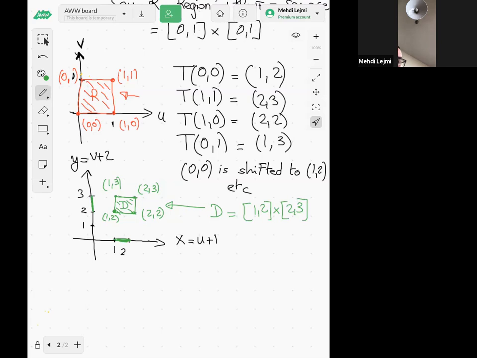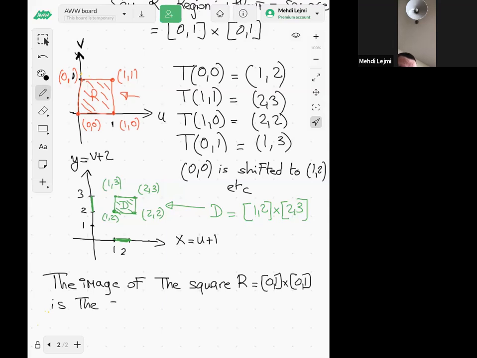So the image of the square R, which is [0, 1] cross [0, 1], is also a square, which is the square D, [1, 2] cross [2, 3].